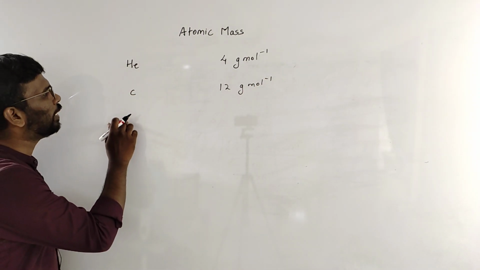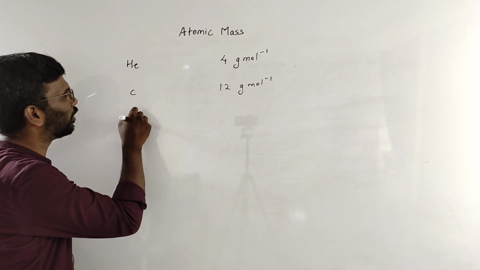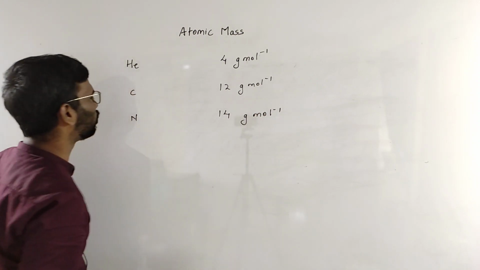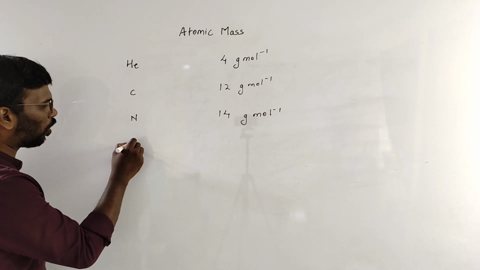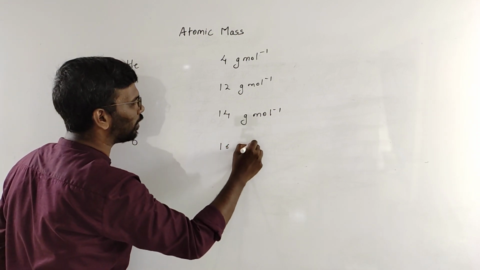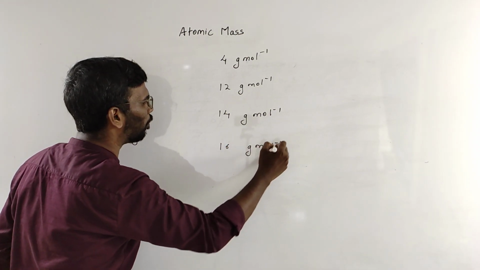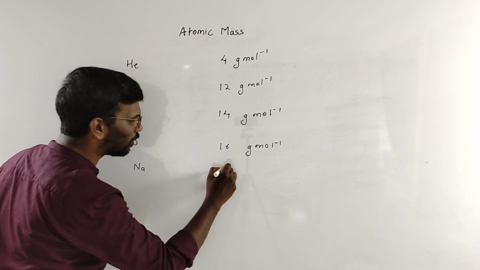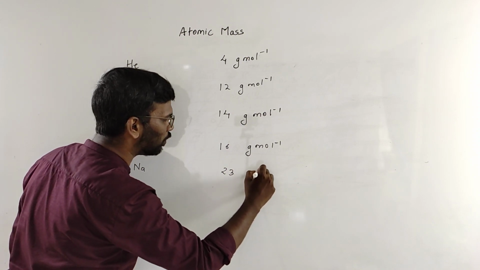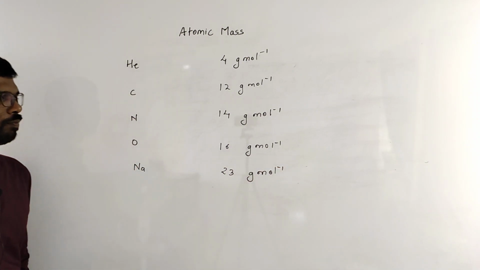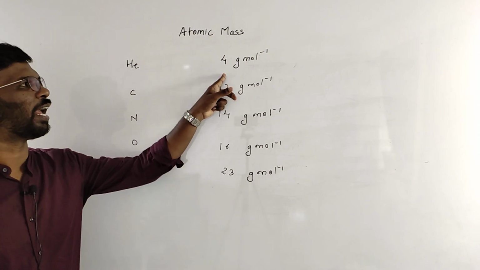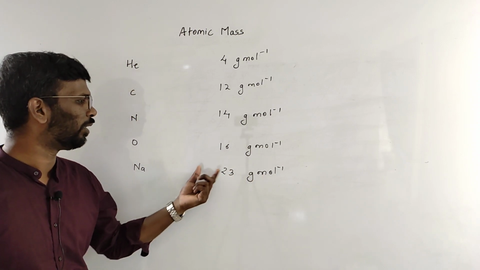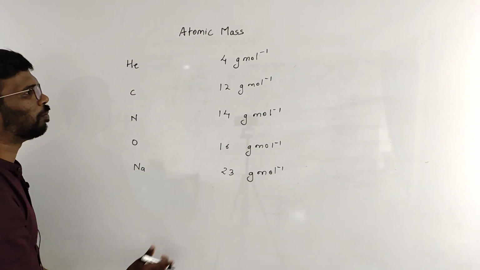Nitrogen is 14 grams per mole. Oxygen is 16 grams per mole. Sodium is 23 grams per mole. You can see these big numbers, 4, 12, 14, 16, 23. So what are these?